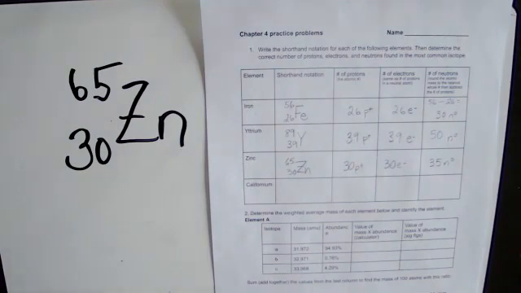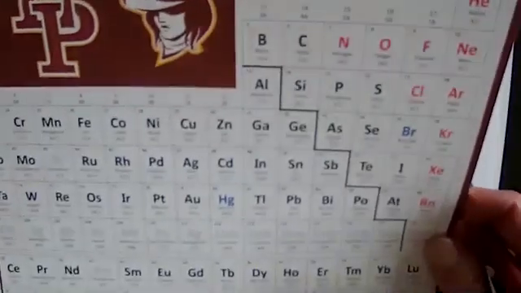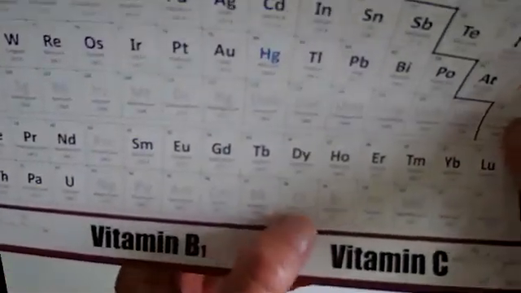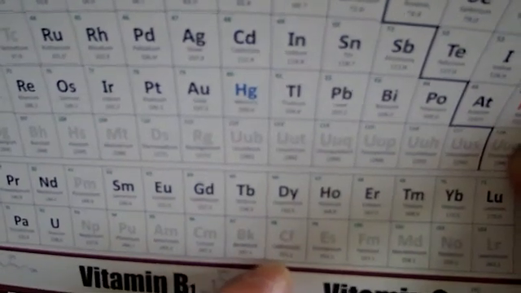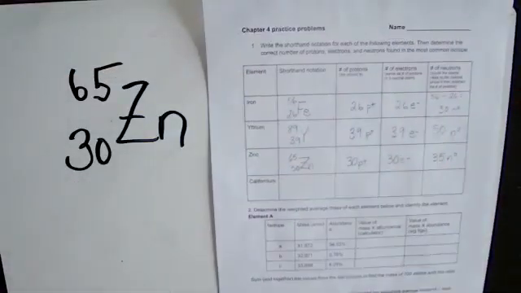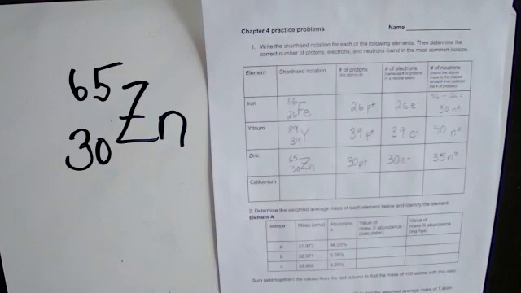The next element that we're going to look at is californium, and it's here at the bottom. It's atomic number 98, so way toward the bottom of your periodic table. Go ahead and pause and complete this exercise for californium.